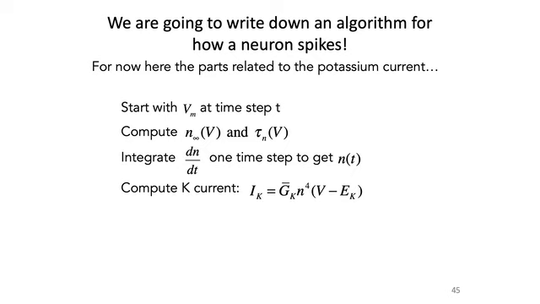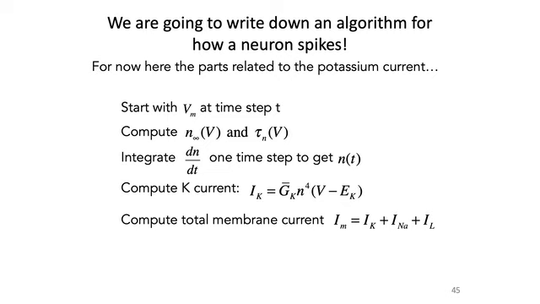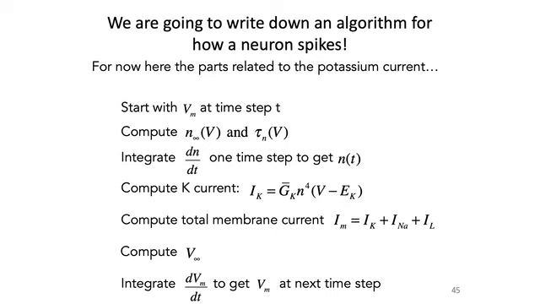Plug n into our equation to get the potassium current. We then add that to all the other currents to get the total membrane current. We compute V infinity of the cell. We integrate dV/dt one time step to get the next voltage, and you plug that in and calculate the next n infinity. All right?